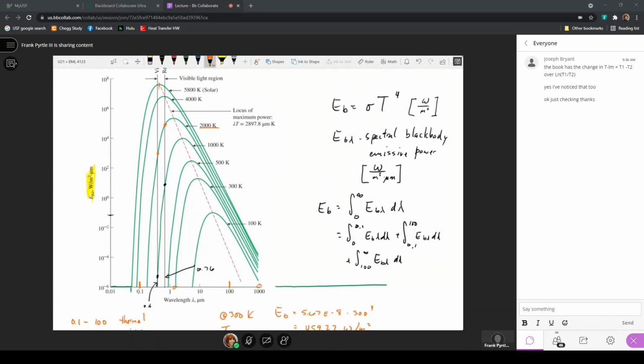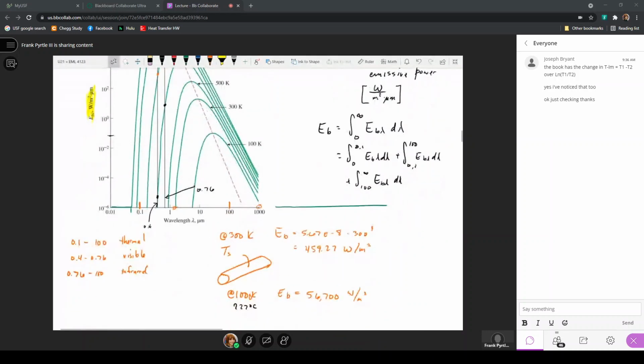So the difference in the intensities between red, orange, yellow, green, blue, violet is less compared to the difference in intensities when it was at 1,000 Kelvin. This may be more like an orange or a yellow color, but it would be closer to being white light than it would at 1,000 Kelvin.